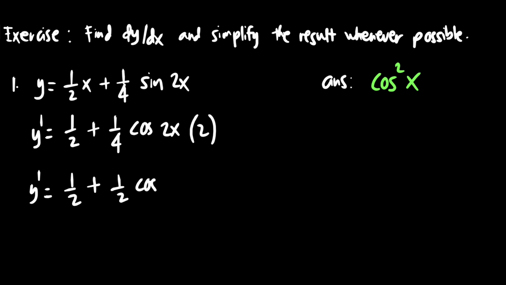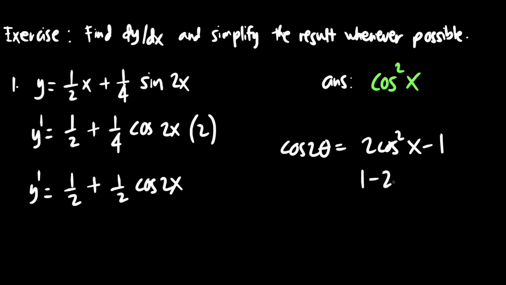So cos 2x. We know that cos 2 theta is equal to 2 cosine squared x minus 1, or 1 minus 2 sine squared x, right?